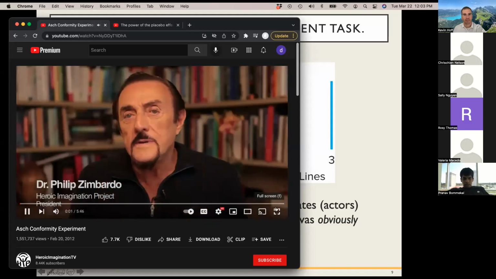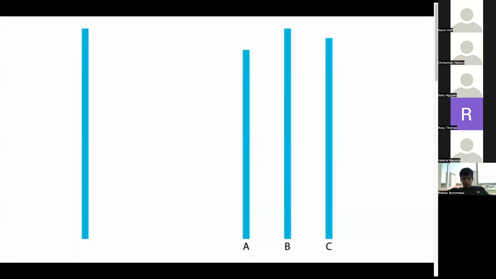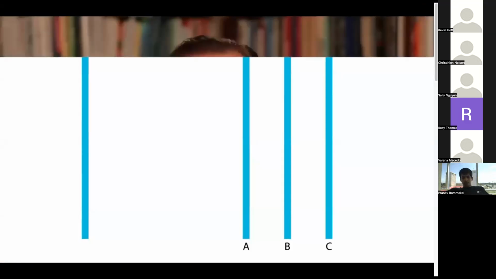Okay, I want to give you a test of your visual acuity, your sensitivity to differences in line lengths. So I'm going to show you a standard, and then I'm going to show you 3 comparison lines. One is going to be bigger, one is going to be shorter, and one is going to be the same size as the standard. Your job is, tell me which line, A, B, or C, is the same as the standard. Seems like a simple judgment. You always get it right.